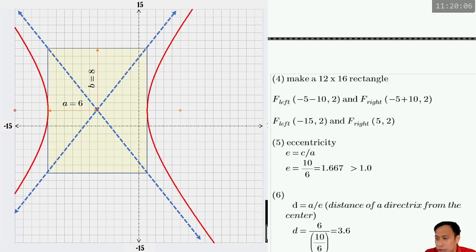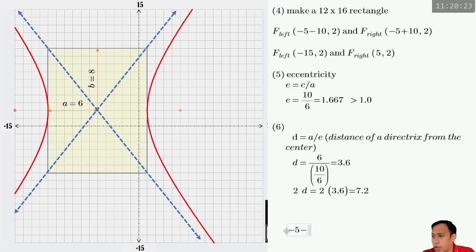Para mas mag-gets mo na siya, guys, I'm gonna make a vertical line, ha? Ito. X equal to negative 5 minus 3.6. Negative 8.6. That is the first directrix.